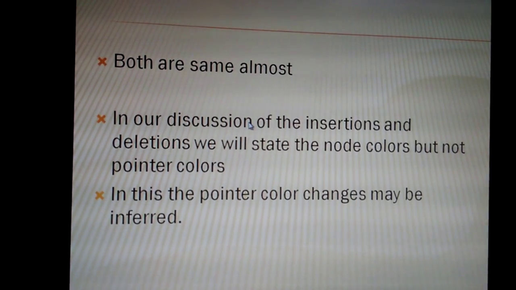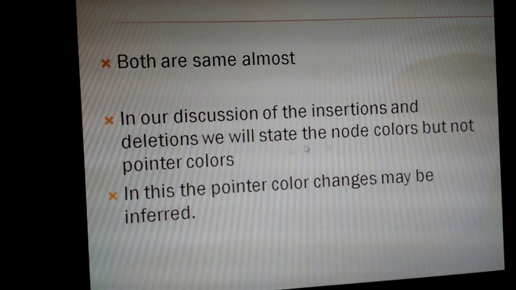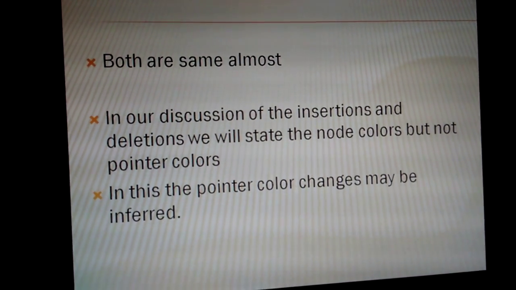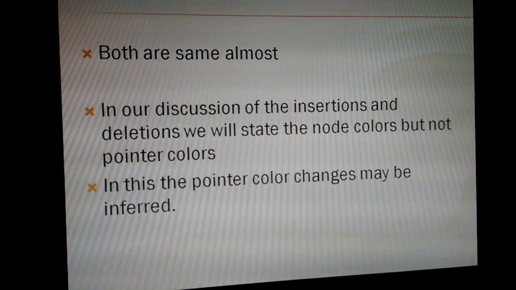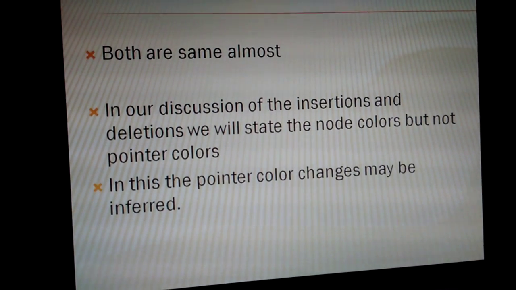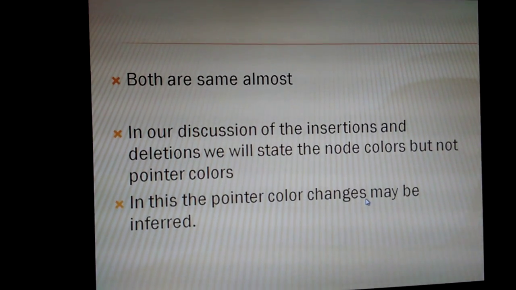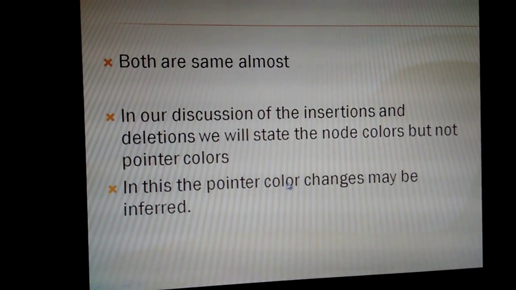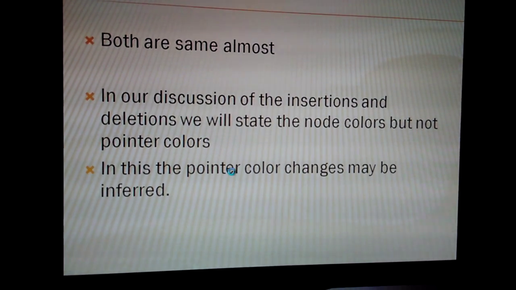In our discussion of insertions and deletions, we will state the node colors but not the pointer colors, because pointer colors can be inferred. So in our further discussions, pointer colors may be inferred but are not part of our discussion.